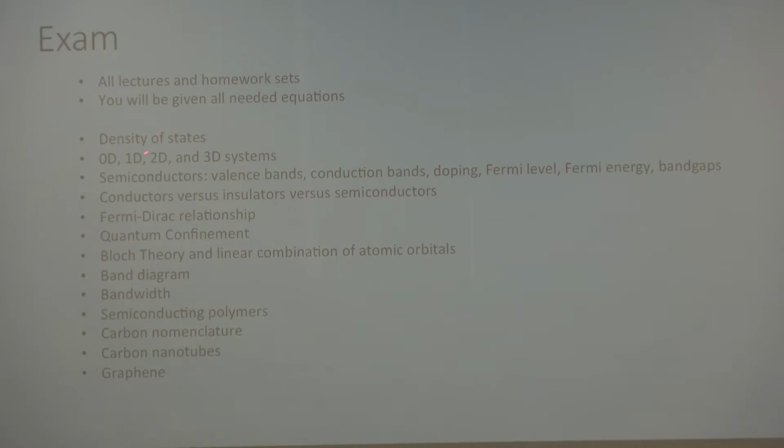For 0D, 1D, 2D, 3D systems, semiconductors, valence bands, conduction bands, doping, Fermi level, Fermi energy, band gaps, conductors versus insulators, and how that relates to those properties, the Fermi-Dirac relationship, quantum confinement as we go into 0D, 1D, 2D systems, Bloch theory and linear combination of atomic orbitals, and how that affects the quantum confinement and conducting and semiconducting properties.